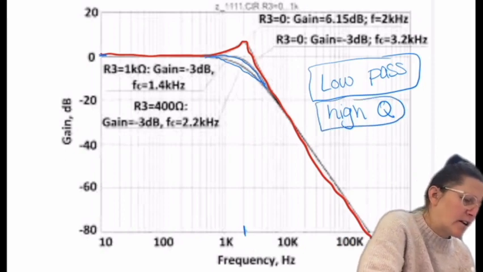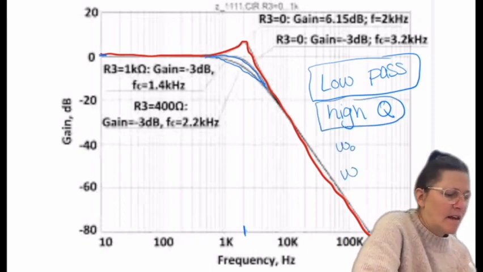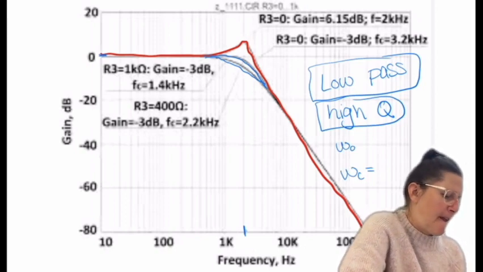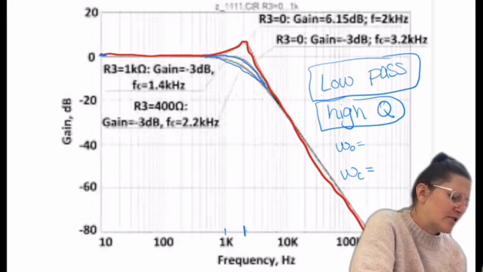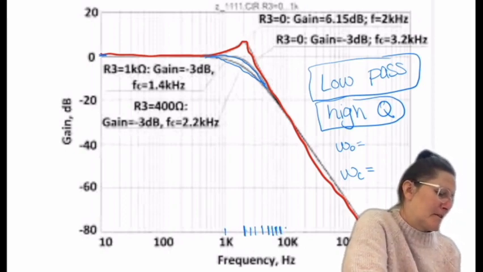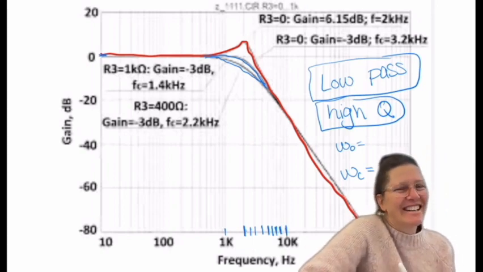What is my omega naught? 2K. Correct. So remember the lines in here for a semi-log. The first line is 2K, the second is 3, 4, 5, 6, 7, 8, 9. I didn't mark those very well. 10. Okay.